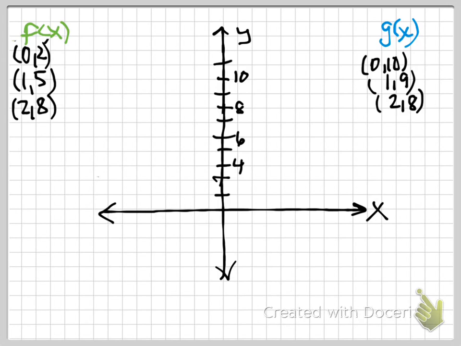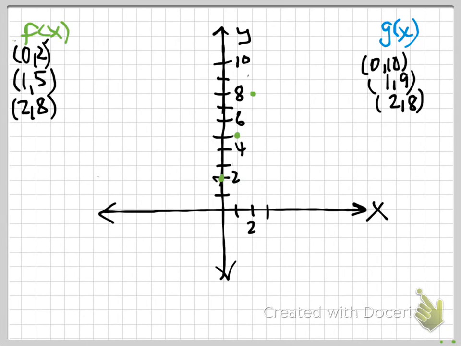Let's try that again. 2, 4, 6, 8, 10, and we go up to 2. So for the green guy, we had 0, 2, 1, 5, and 2, 8.